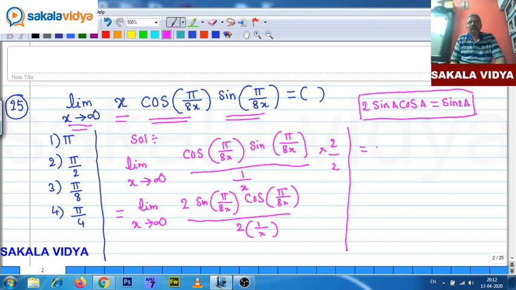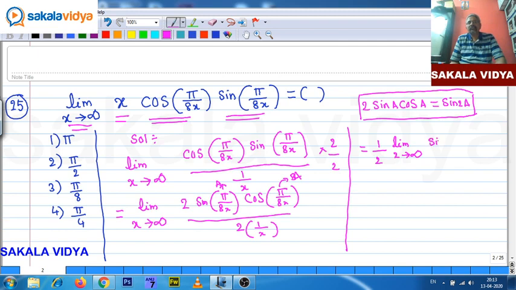we can write this is equal to 1 by 2, taken common out, 1 by 2 limit x extends to infinity. This is 2 sin A cos A, which is equal to sin 2A.